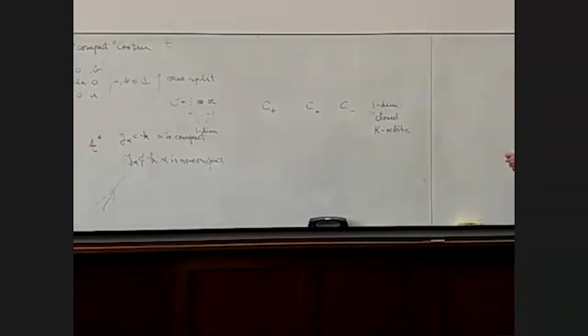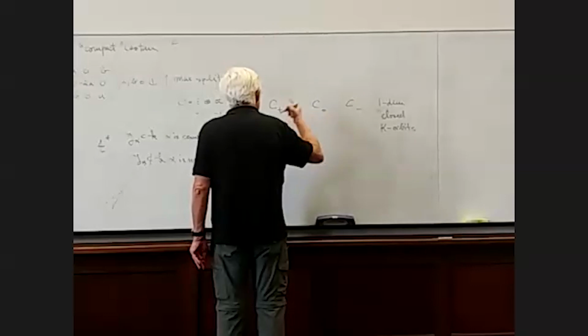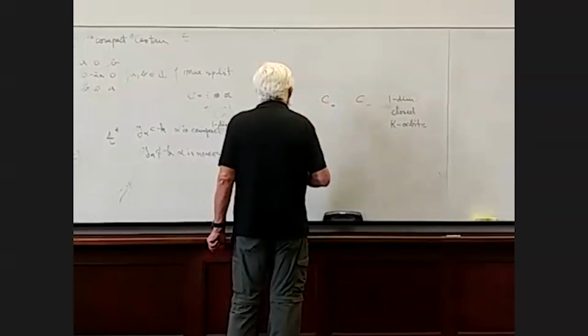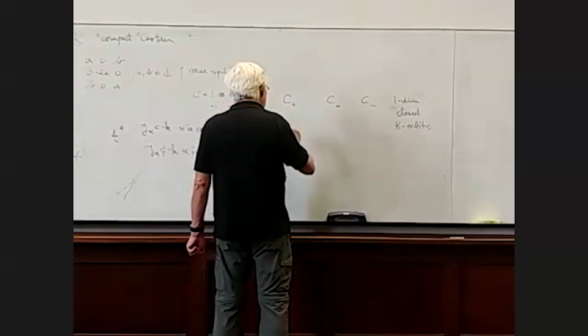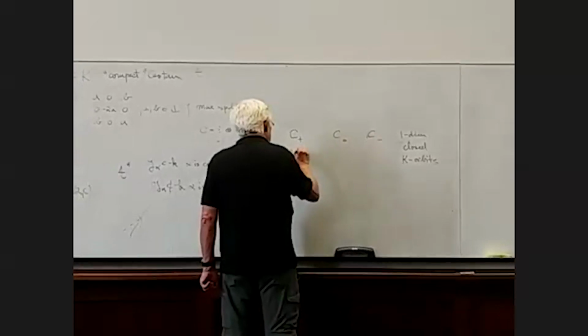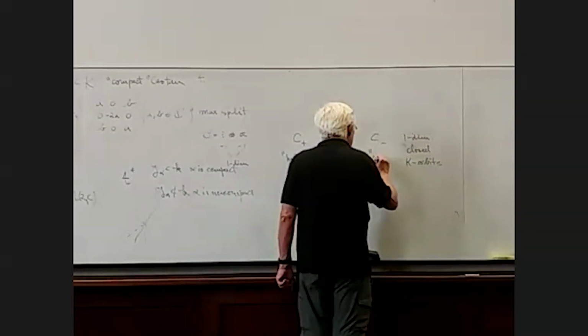And they're usually called, I mean, of course, in these cases you get a complex structure on the corresponding coordinates, so it's called holomorphic. One is called non-holomorphic, anti-holomorphic.